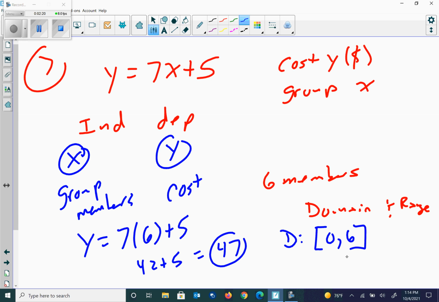We can have any amount of people in between. We're just counting, so 0, 1, 2, 3, 4, 5, or 6. My range, if nobody joins, it's going to cost me $5. If I plug 0 in for x, 7 times 0 is 0, plus 5. And then if I plug 6 in for my x, we just did it right here, it's going to give me 47. Okay?